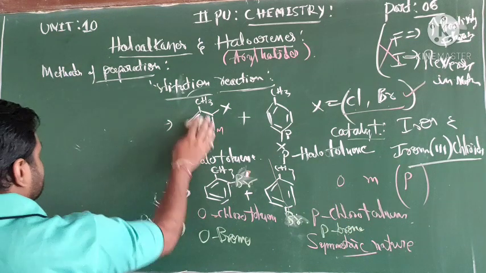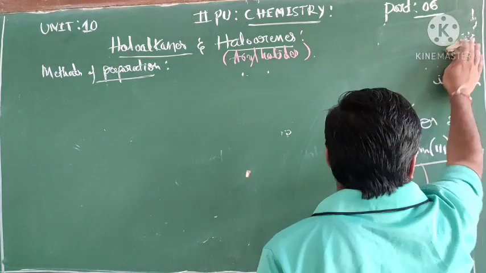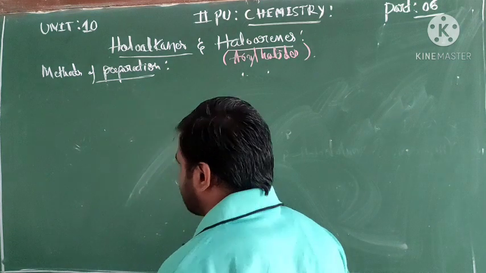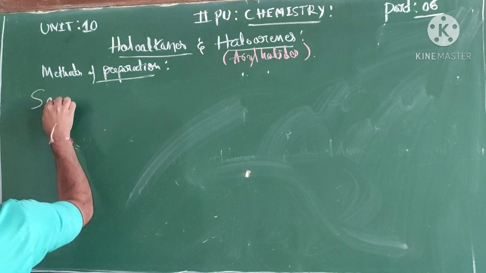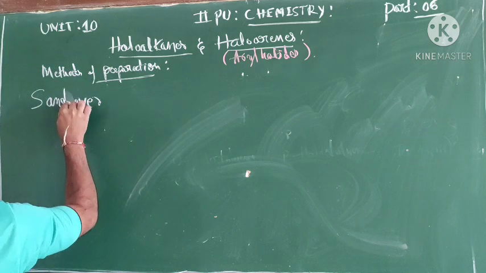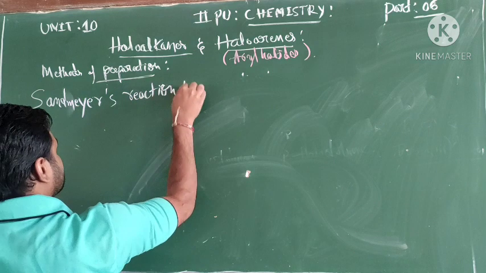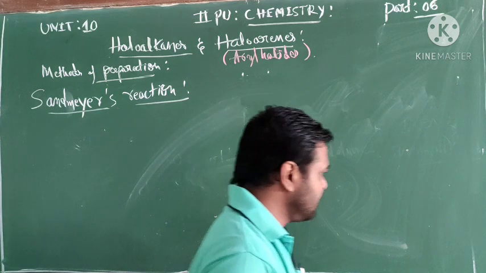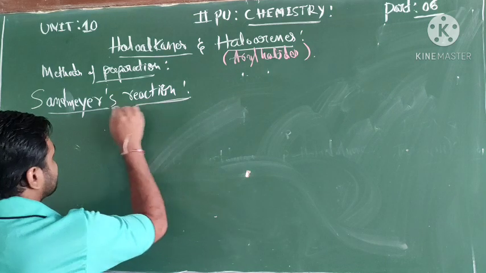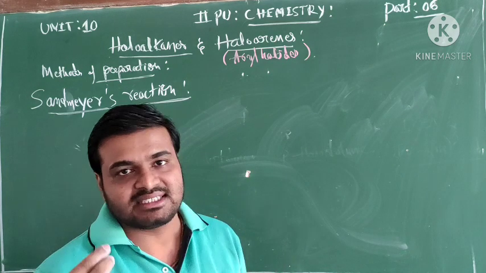Next is the Sandmeyer reaction, which prepares aryl halides. In the Sandmeyer reaction, we take primary aromatic amines.